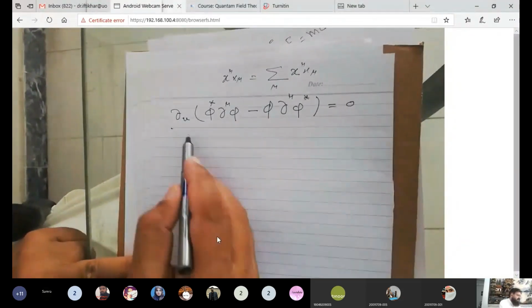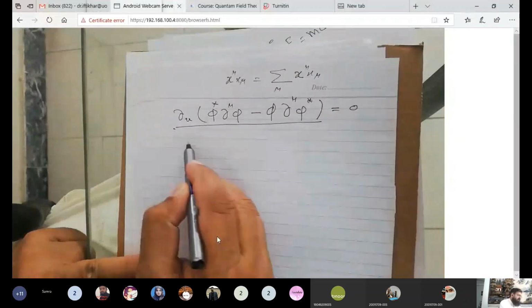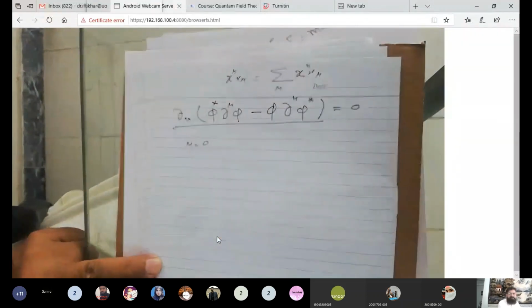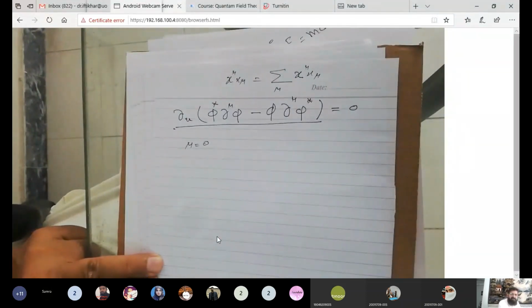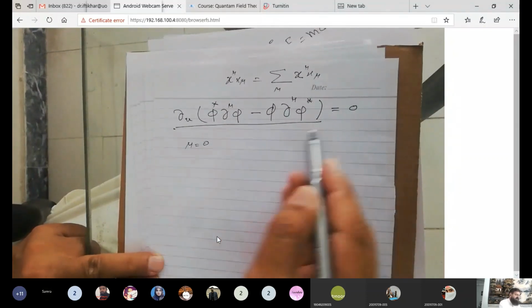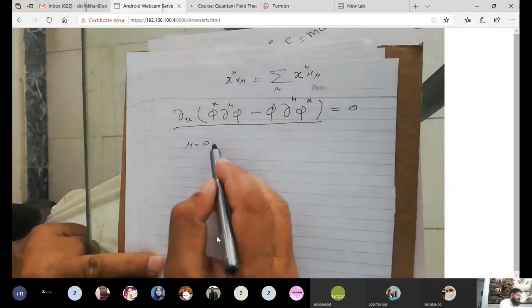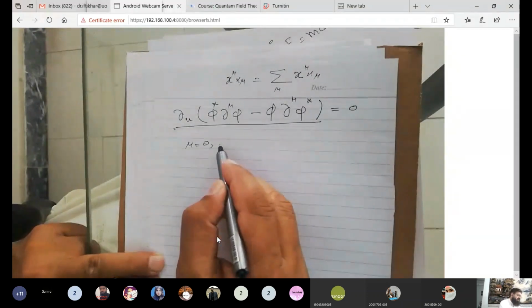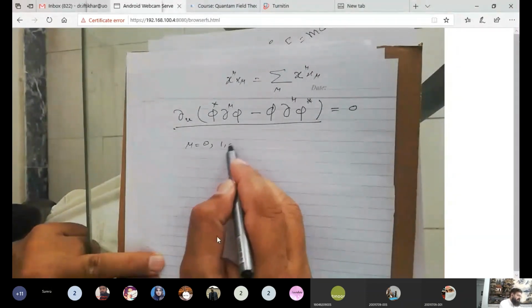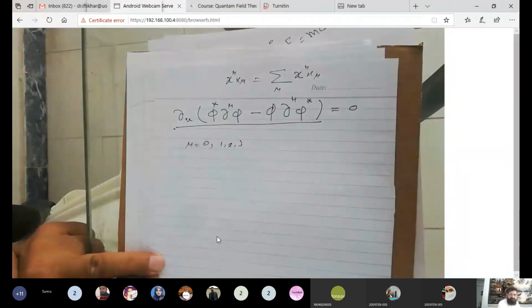So first of all, you open this expression for μ equal to 0. What is the value when you put μ equal to 0? And then the next one is you put 1, 2 and 3.